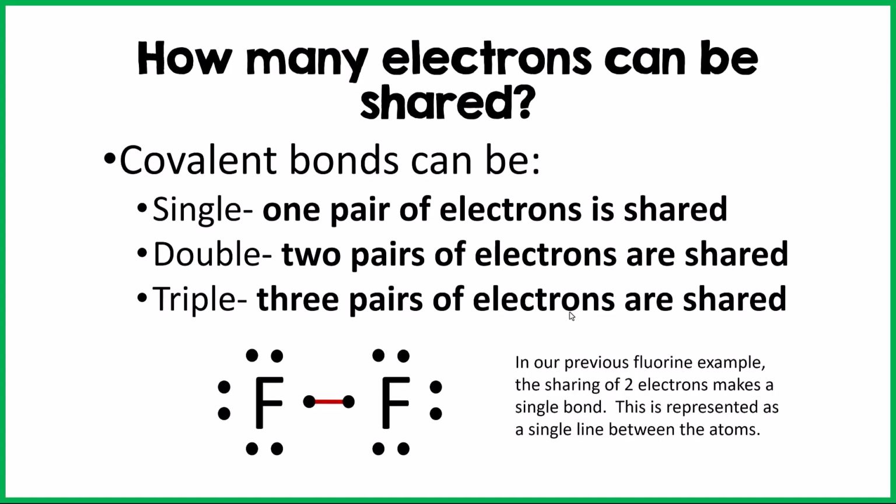In our previous fluorine example, the sharing of 2 electrons makes a single bond. So we're sharing these 2 electrons here. Sometimes we illustrate that by overlapping these 2 atoms. Either way is the same, but we write this single bond as a line very frequently, that these 2 electrons are being shared. So this is a single bond.